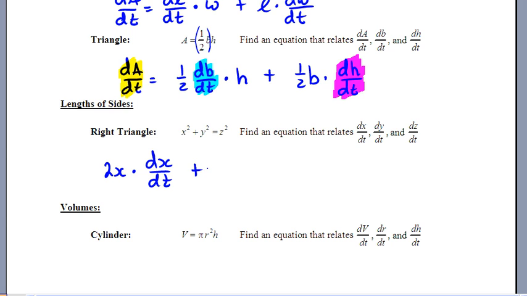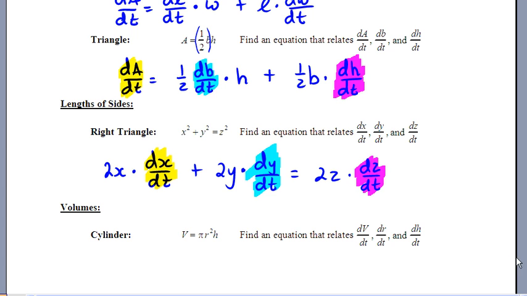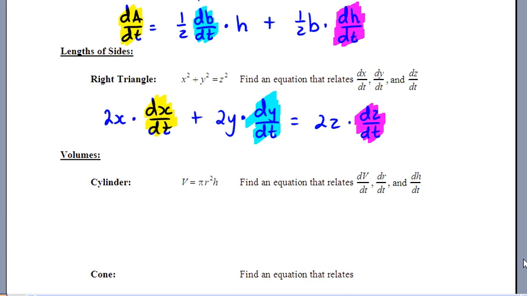Moving on, we'll cheat, do a y derivative, 2y, but then we'll fix it by multiplying by dy/dt, is equal to, this could be your hypotenuse here, we'll cheat, do a z derivative, 2z, and then multiply by dz/dt. And once again, I've got 3 different rates: the rate at which that leg of the triangle changes, the rate at which that leg changes, and the rate at which the hypotenuse changes. And I can see now how they're all nicely tied together.